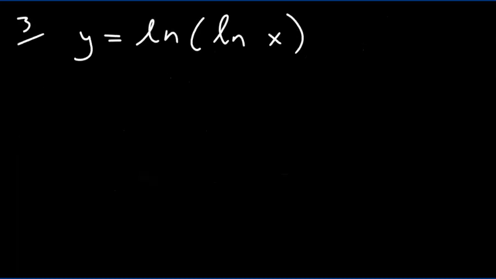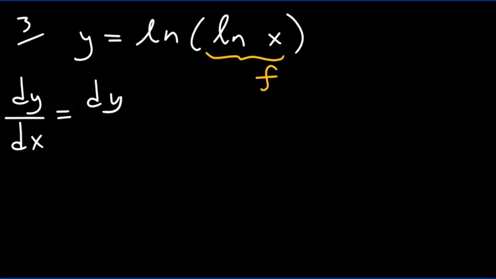What about the following function? y is the natural log of natural log of x. So let's first assume that natural log of x inside the bracket is a function. Let's call that function f. So again, it's like differentiating a function of a function. So dy dx can be written as dy df times df dx.